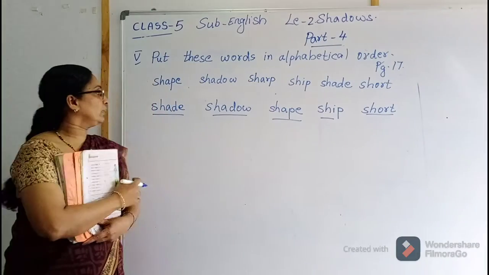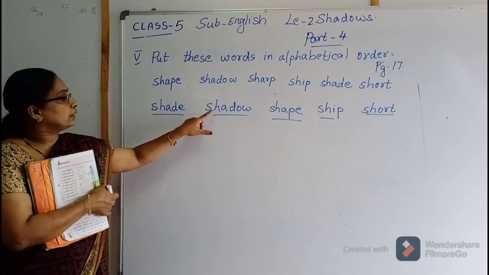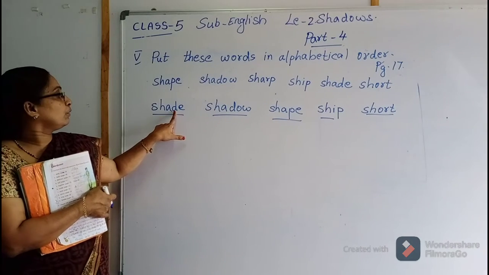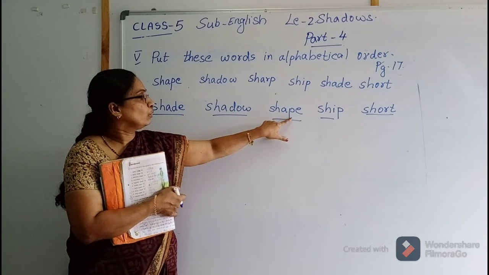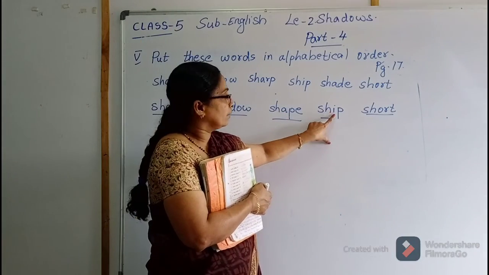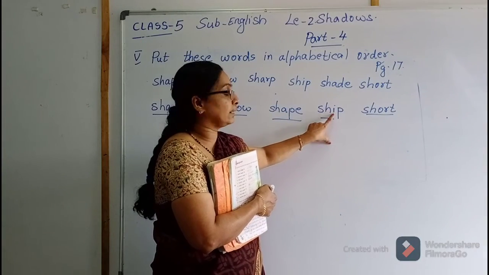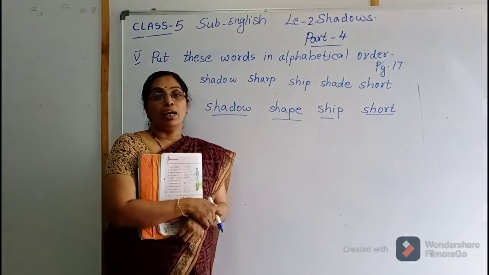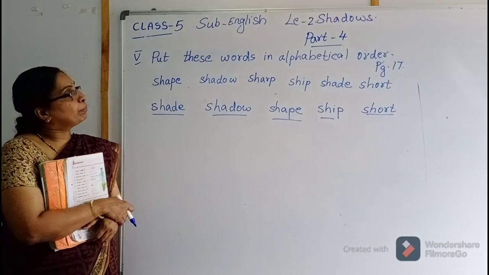How we consider, children? First 3 letters are same here, then we consider the 4th letter here. Then after A, after I, third letter I. So S-H-I-P. Here I after O, S-H-O-R-T. These are the alphabetical order.